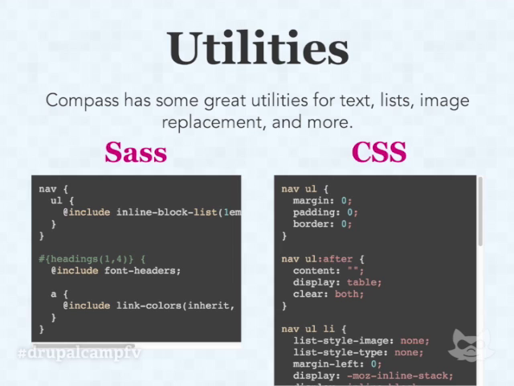Well, this great utility from Compass includes inline block list, and then it takes an argument which applies, let's see, I think it's left and right padding on the list item. So I'm telling the list inside of my nav element to be an inline block list, and each of those list items gets one relative unit of padding on each side.